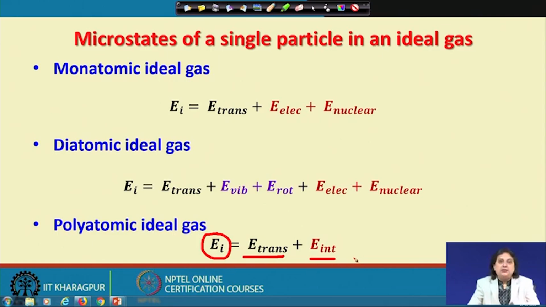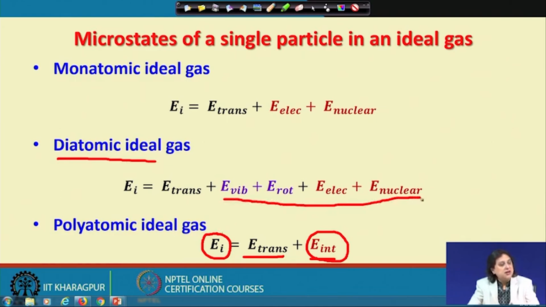Therefore, for the treatment of statistical thermodynamics of any ideal gas comprised of a diatomic or higher polyatomic molecule, we need to understand if I can separate out the translational motion of the molecule as a whole from the contribution of the internal structure.